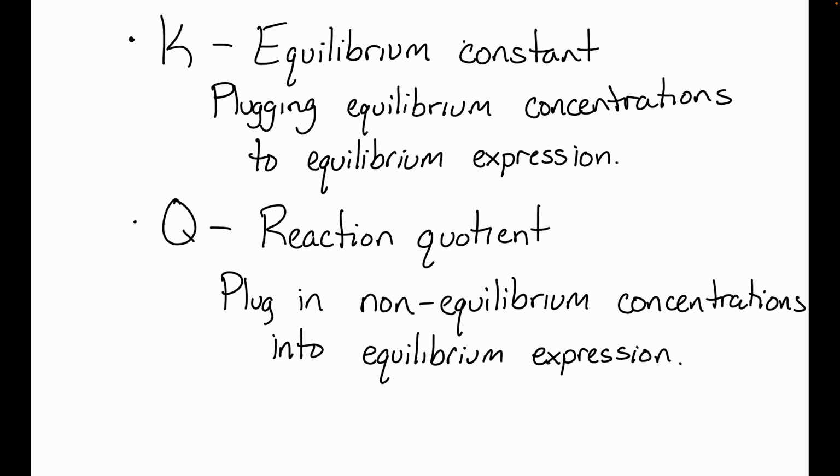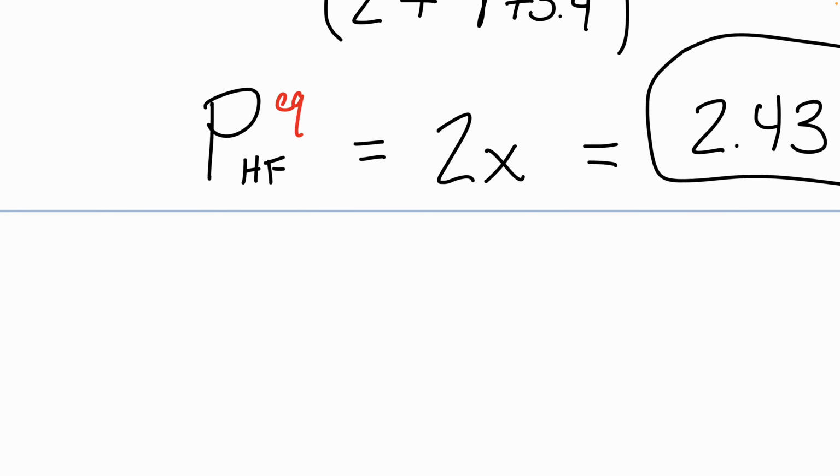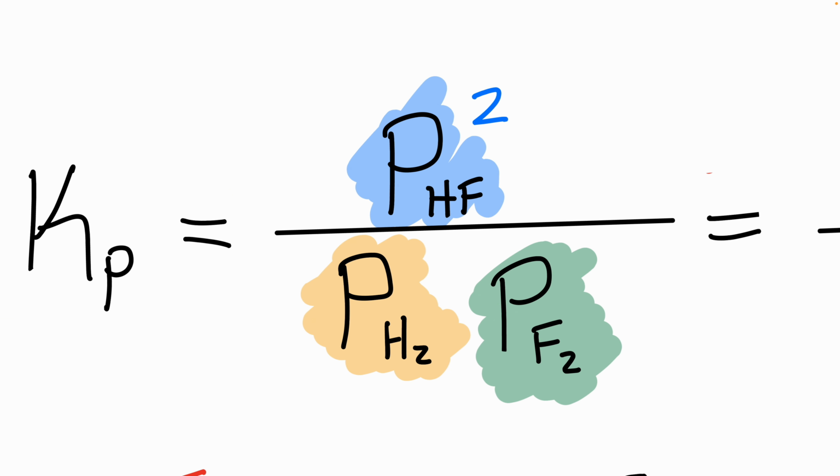If we have equilibrium values and we plug them in, we always get the same number, and we call that the equilibrium constant. We can take that same equilibrium expression, this thing up here, and plug in any other values, and then we wouldn't call it K, we would call it Q.